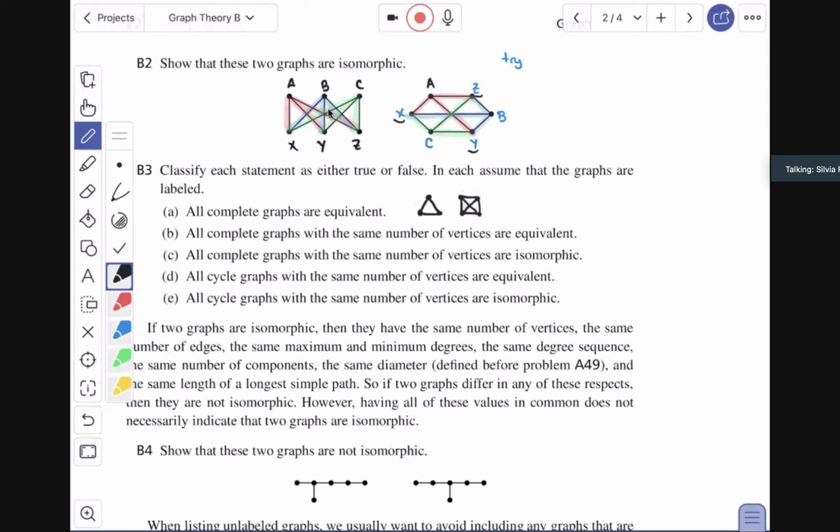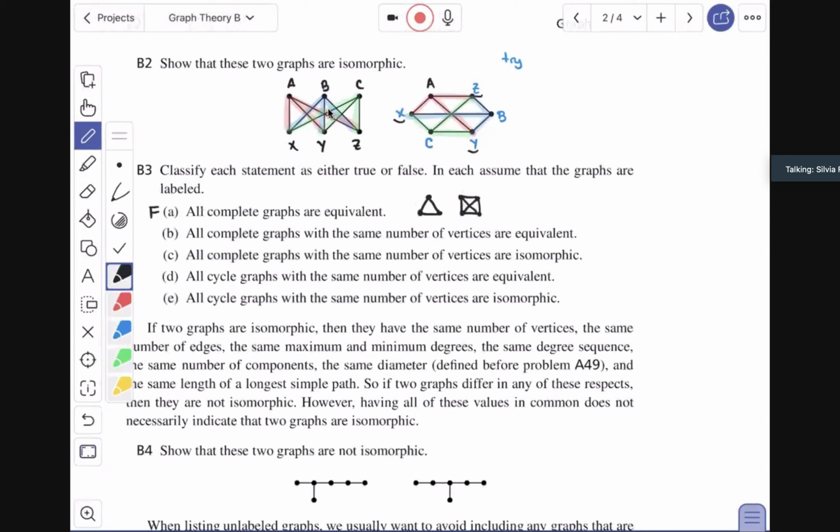Regardless of the labels, are these two equivalent? No, right? So this is false because I can have different sizes. I can have a huge graph and a small graph, and those definitely don't have the same number of vertices. And to be isomorphic, they need to have the same number of vertices, same number of edges, same degree sequence, and the same of a lot of things.